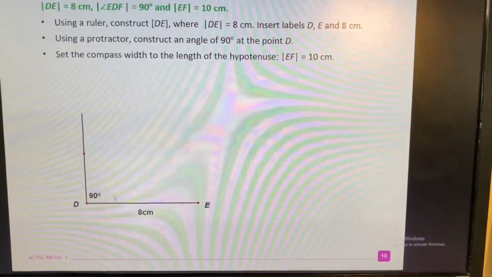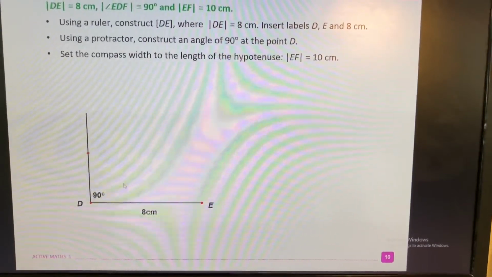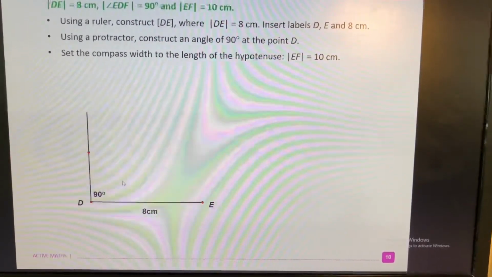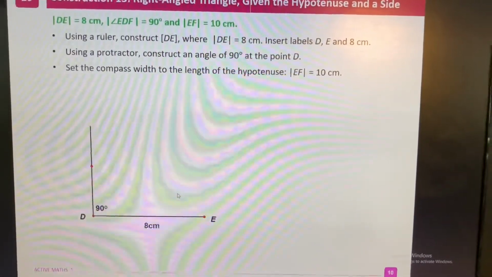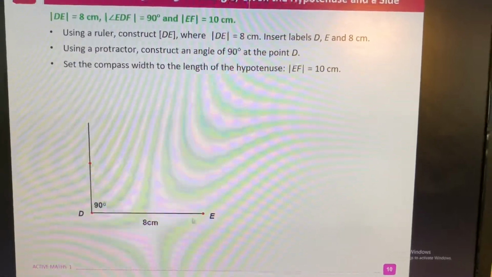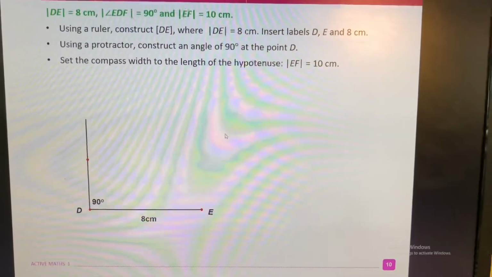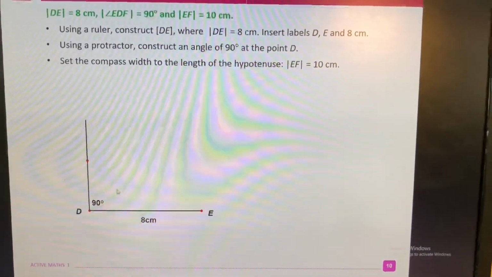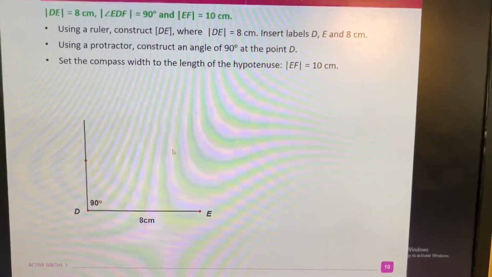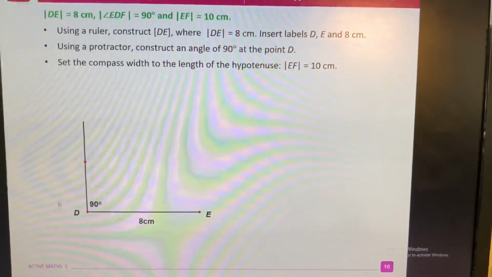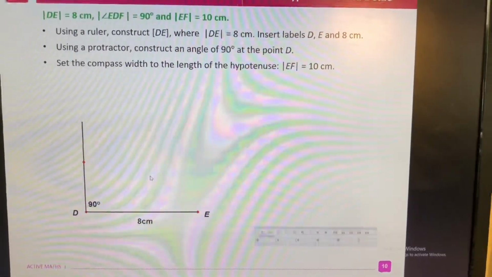Next, we're going to do the last piece of information, which is the second side we were given, the hypotenuse, and we know that that's a measurement of 10 centimetres. So like we've learned to do with other constructions, we're going to use our compass to make sure that we have a 10 centimetre distance between E and the point that we're going to create, F. It will lie somewhere on this line, and wherever it lies will be where our compass, when it curves around, creates an arc where it intersects.